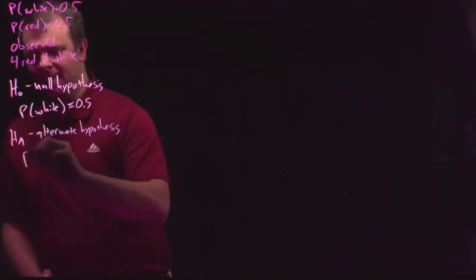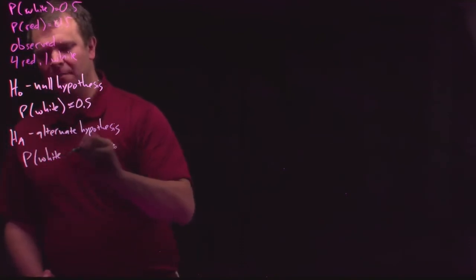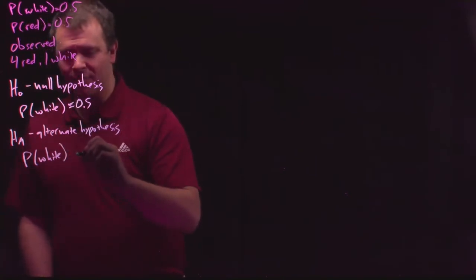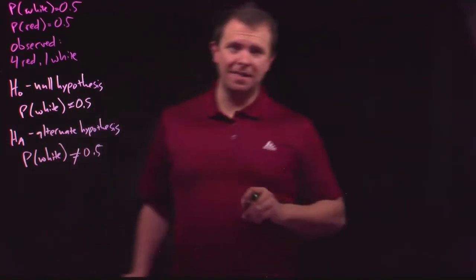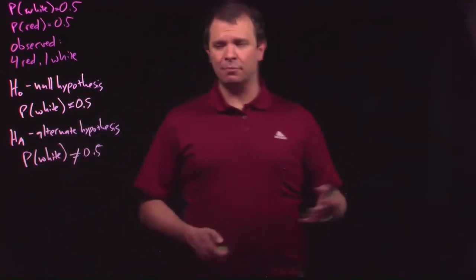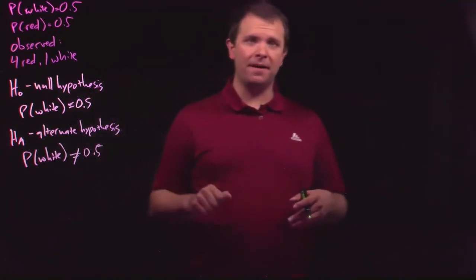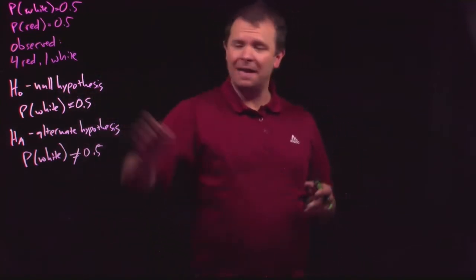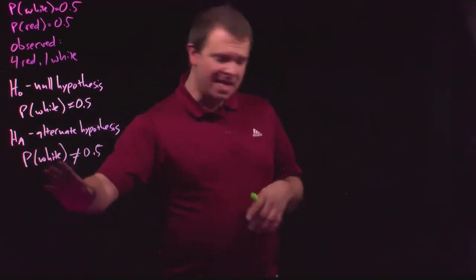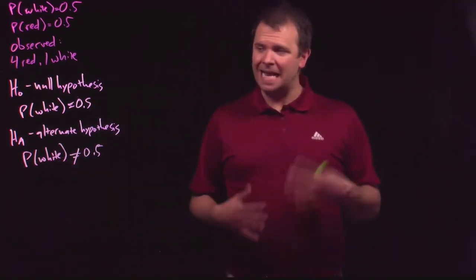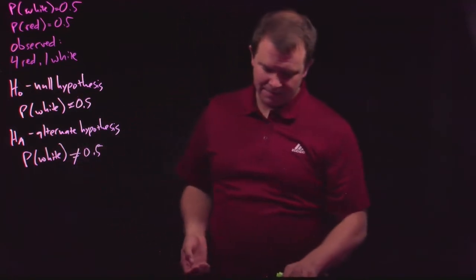And in this case, we'll say that the alternate hypothesis is that the probability that the flies have white eyes is not 0.5. We don't have to set a particular probability. The alternate here is just that the null hypothesis is false. If the null hypothesis is that the probability is 0.5, then anything else that we have enough evidence for is the alternate hypothesis.